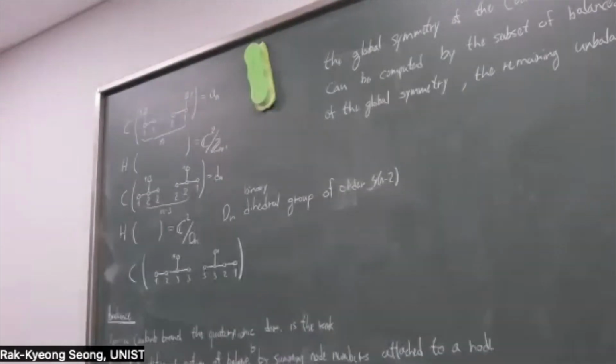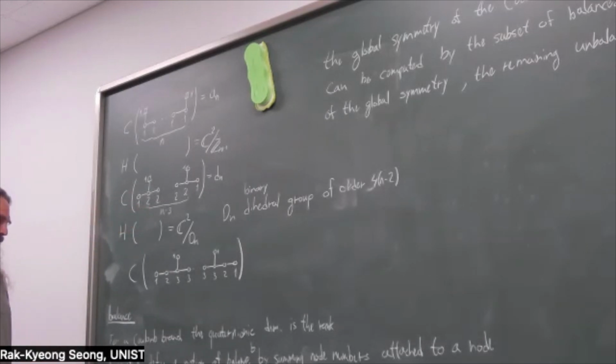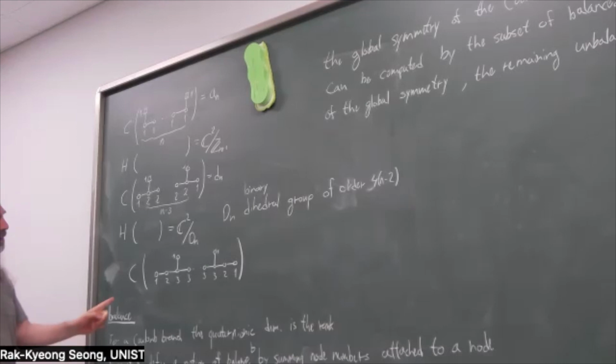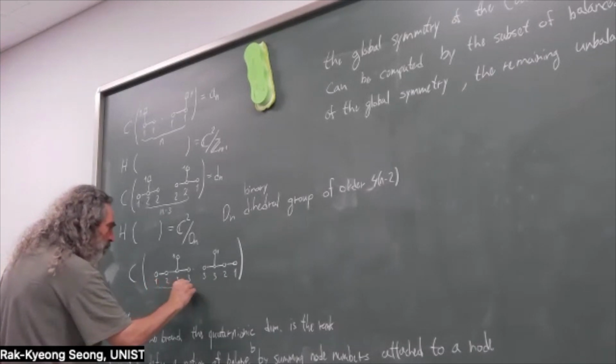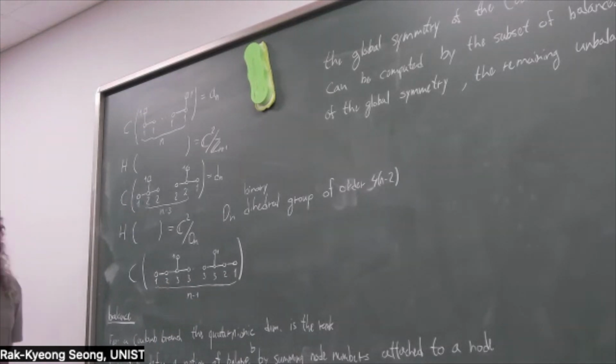Okay. So the dimension over here is 2n minus 3, and the global symmetry is D_n, or SO(2n). Okay. How about this one? So I didn't finish writing here. I want to choose that the number of nodes here is n minus 1. So what is the global symmetry?